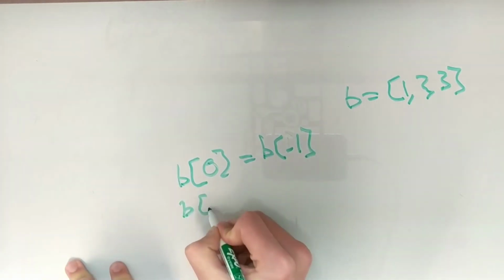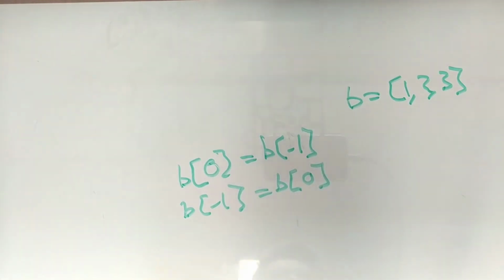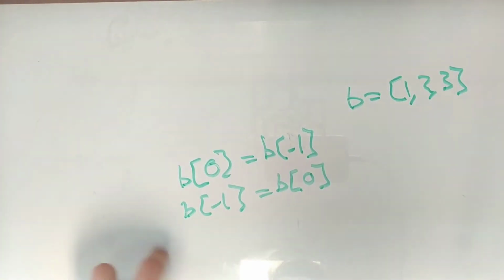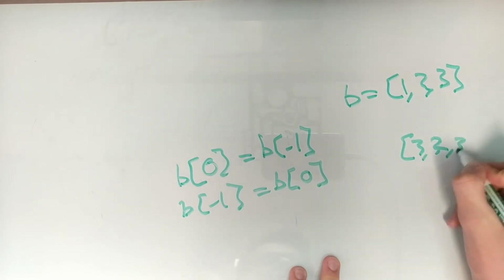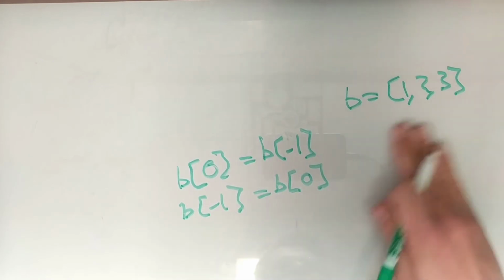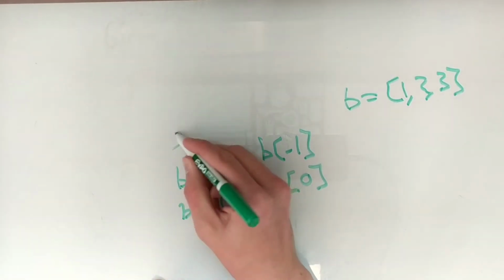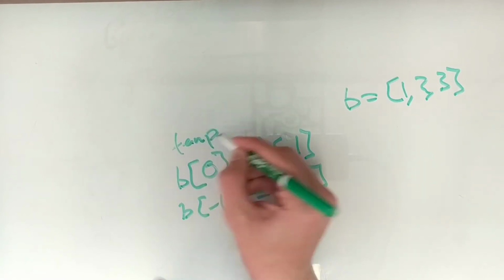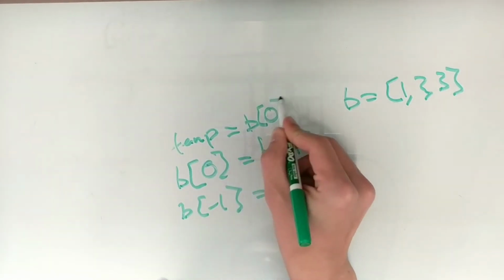This is swapping them, and we're doing -1 because we want to look at the last value. However, if you go through this sequentially, you'll actually get 3, 2, 3 at the very end. And we don't really want 3, 2, 3, we want 3, 2, 1. So what we can do to keep that 1 value is I'm actually going to set it in a temporary variable. I'll call it temp. You can call it whatever you want to. And that's going to be my first entry.